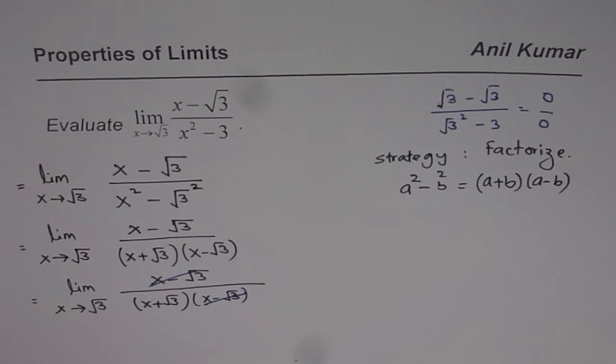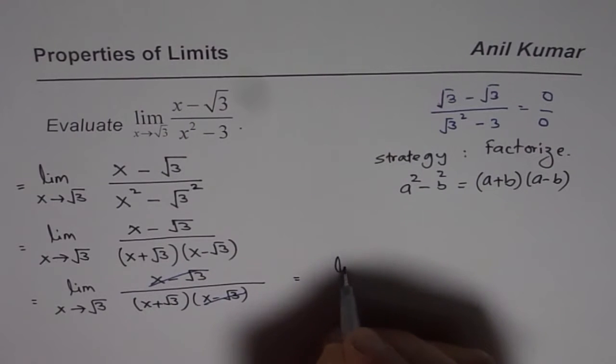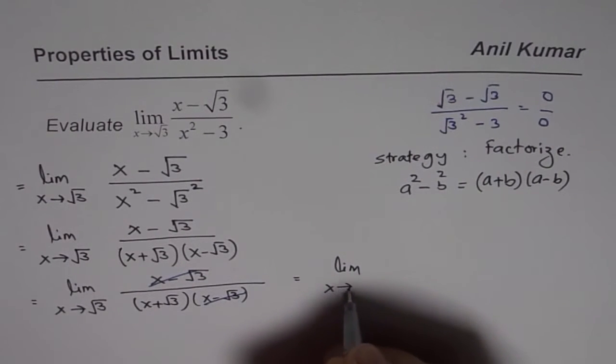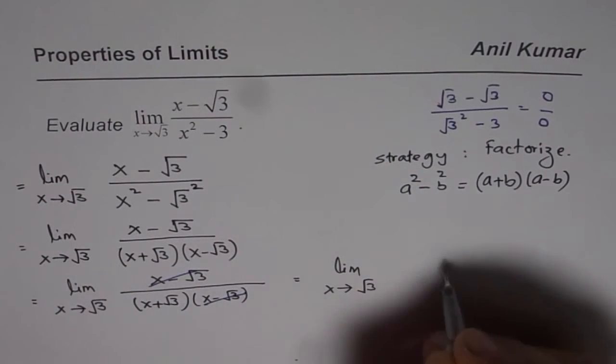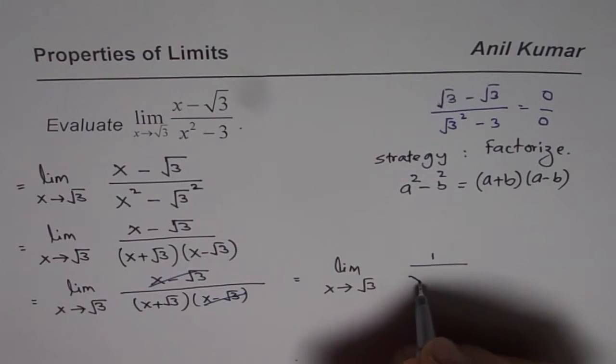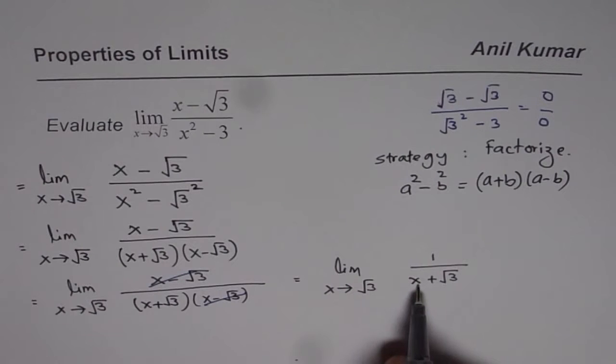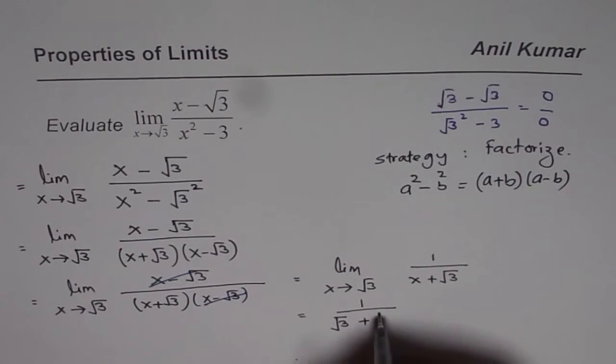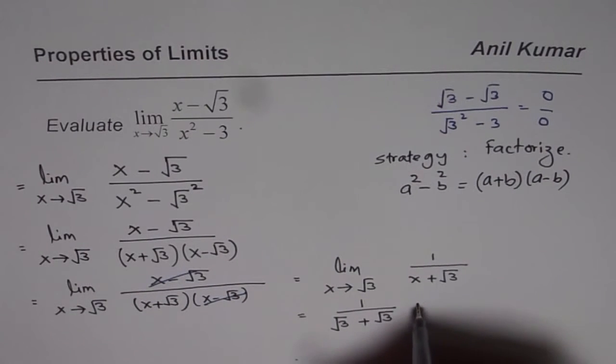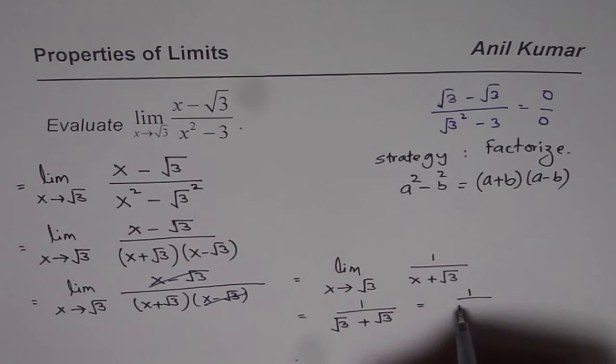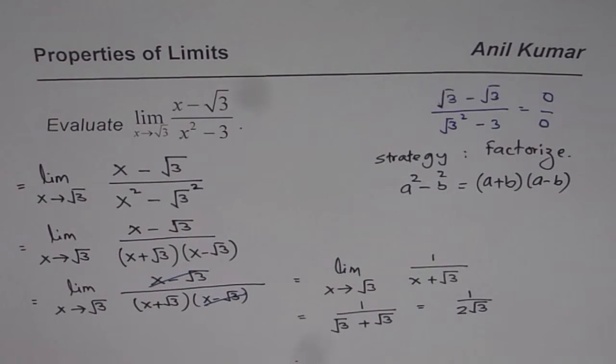So that gives us limit x approaches square root 3, 1 over x plus square root 3. Now we can substitute square root 3 here. So we get 1 over square root 3 plus square root 3, which is 1 over 2 square root 3, correct? So that is our answer.